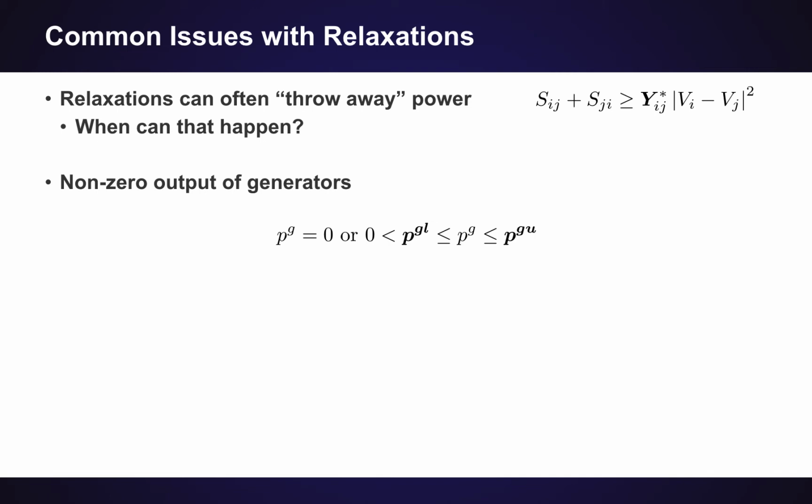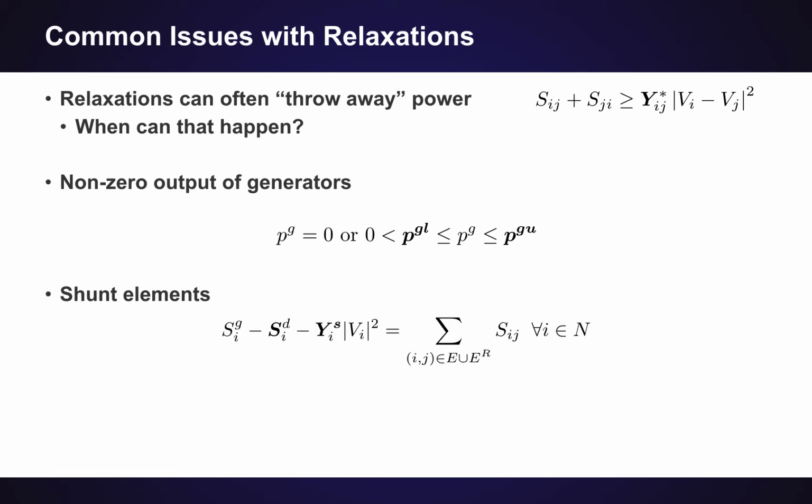Now, it's interesting to observe that if you can throw away power on a power line for one of these generators, you basically never have to figure out if you can disconnect it or not. It's equivalent to saying all the generators in the network have a lower bound of 0 on their output, because you can just set the output to their minimum value, say 10 megawatts, and then throw away that 10 megawatts on a line and ignore the fact that you would normally have to decommit them in that type of scenario.